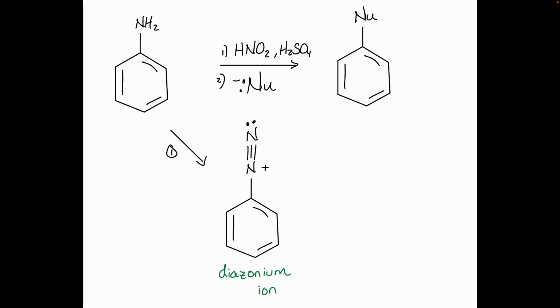When we perform this second step, what is our leaving group going to be? Our nucleophile is going to attack and kick off that leaving group. So what's going to leave? It's just nitrogen gas.